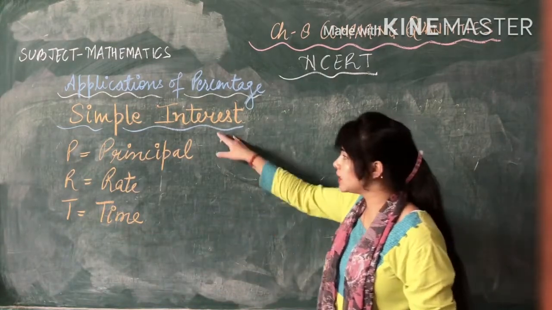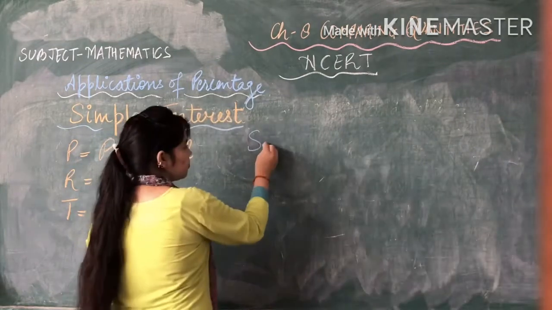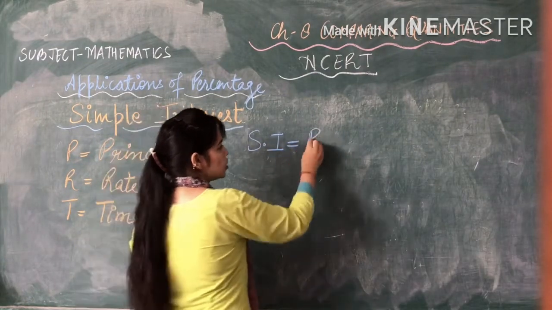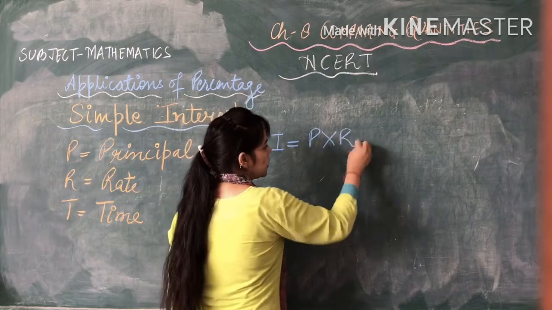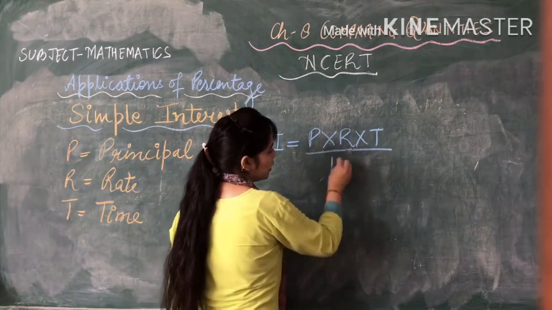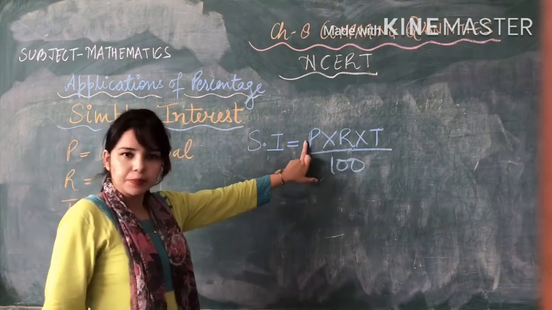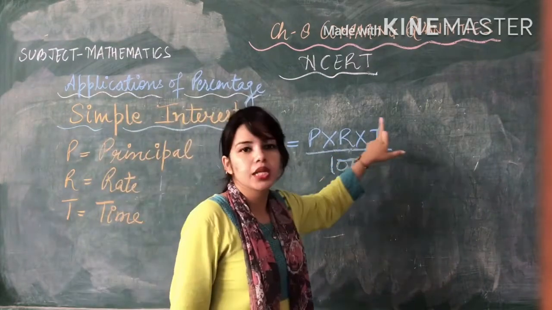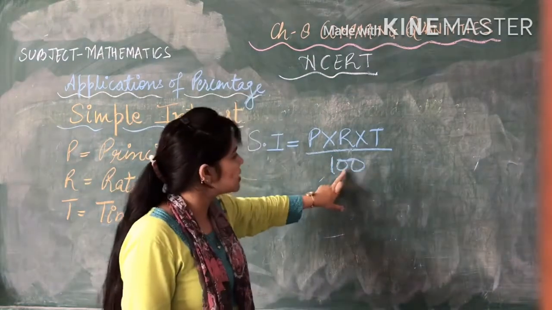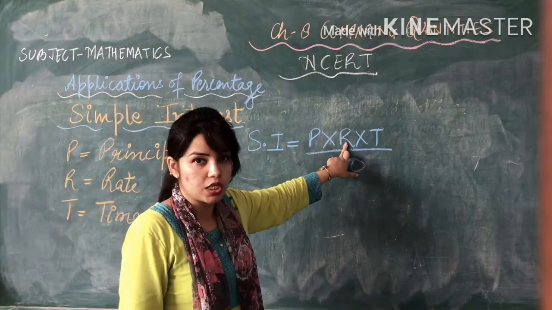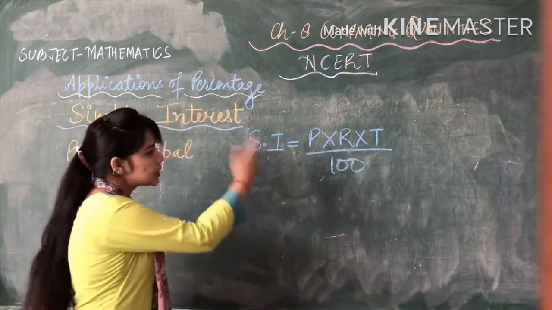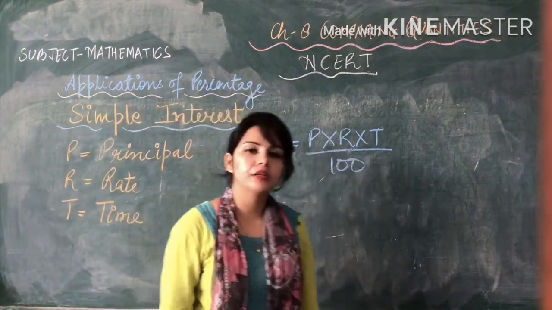Now how do we calculate the simple interest? To calculate simple interest, we write P into R into T upon 100, that is principal into rate of interest into time. This 100 is coming because of the rate of interest. So this is how you can calculate the simple interest.